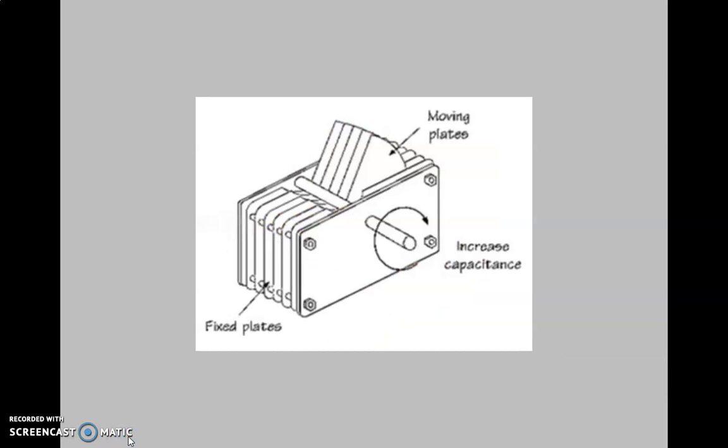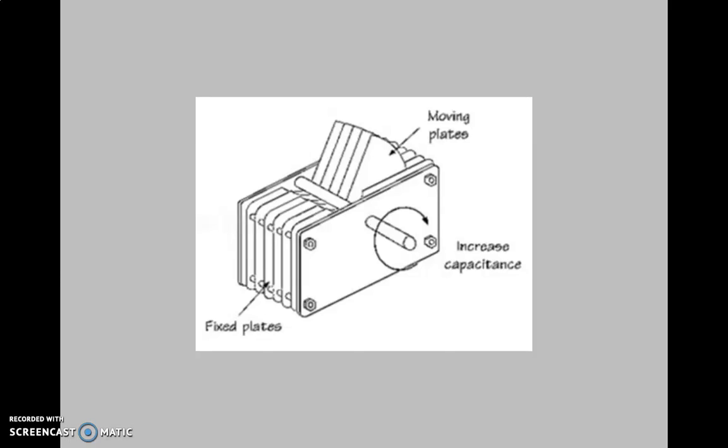You can see the construction. The simplest air gap capacitor is made up of 2 conductive plates separated by an air gap, and they are used more often because of their simple construction.